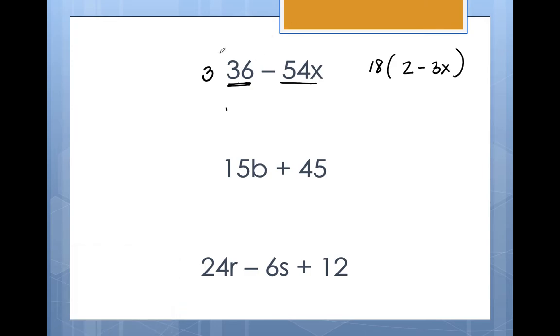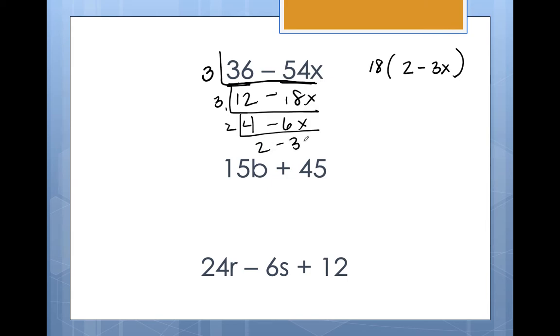So you could divide 36 and 54 both by 3 and get 12 and 18. Then you can divide 12 and 18 again by 3 and you get 4 and 6. And then you can divide 4 and 6 by 2. And finally you get 2 and 3.